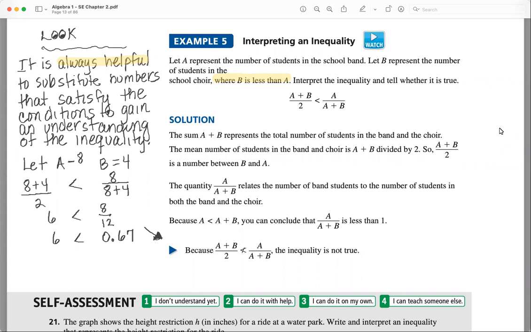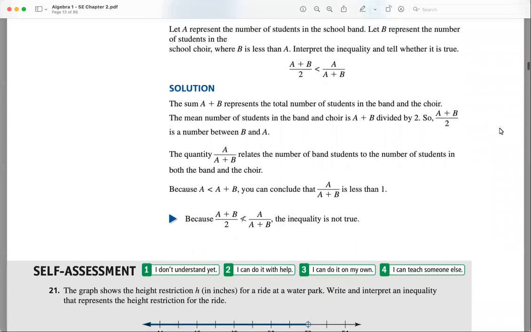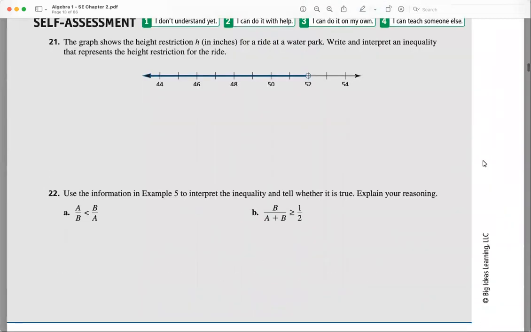Let's go ahead and do 21 and 22. And then I have a couple of more examples on the assignment pages. Okay, so it says the graph shows the height restrictions for a ride on a water park.